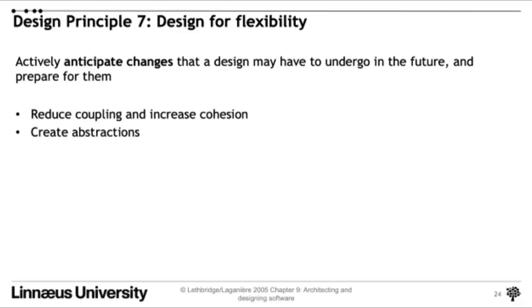Create abstractions, and in particular have interfaces. Try to hide all your implementation behind interfaces, and do not hardcode anything, because if you hardcode and then you want to make a change, you need to recompile everything. So try to avoid this.